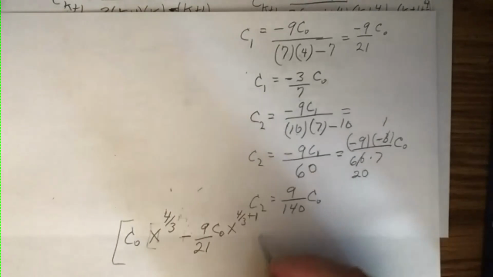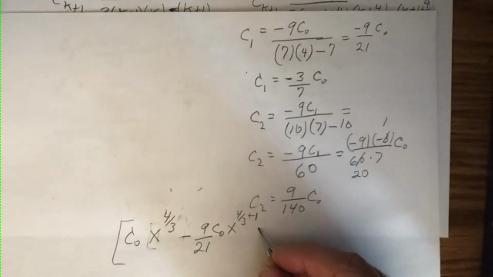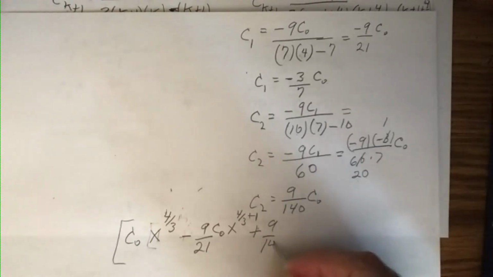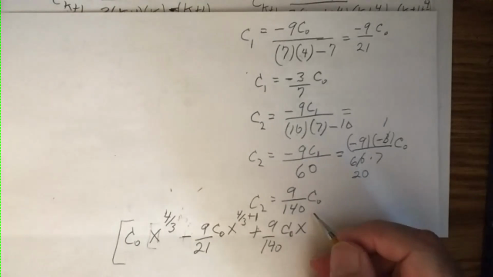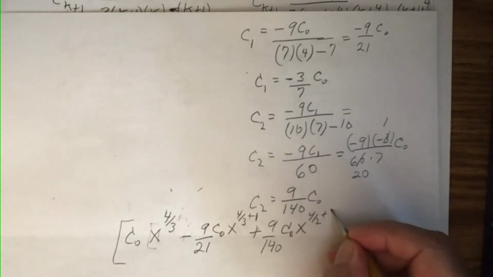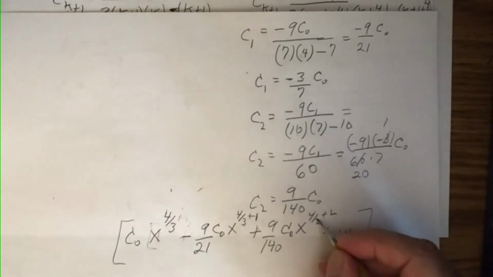And then the next term is going to be plus 9 over 140, C0, X to the 4/3 plus 2, right? Plus higher order terms.